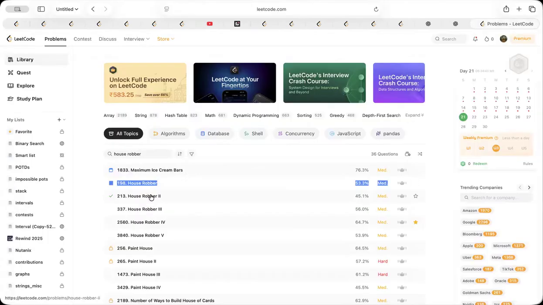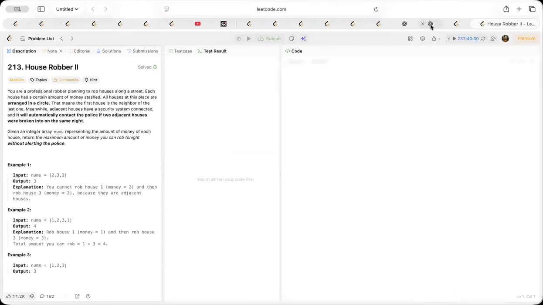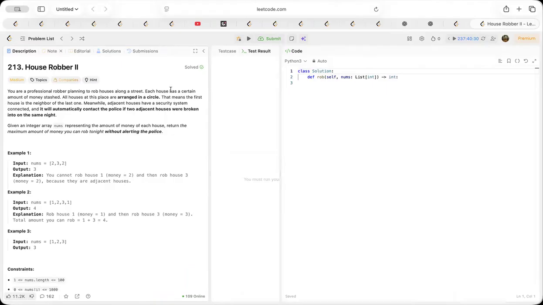What about House Robber 2? Each house has a certain amount of money stashed. All the houses are arranged in a circle.